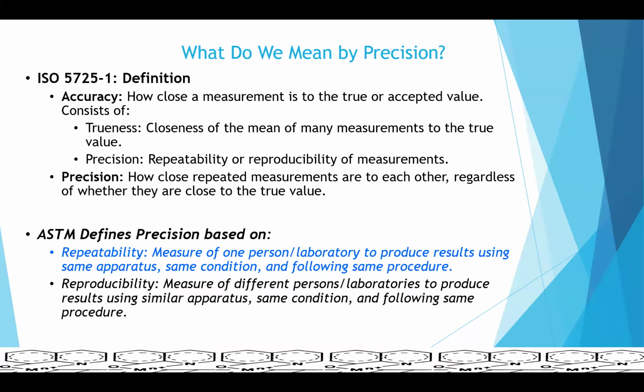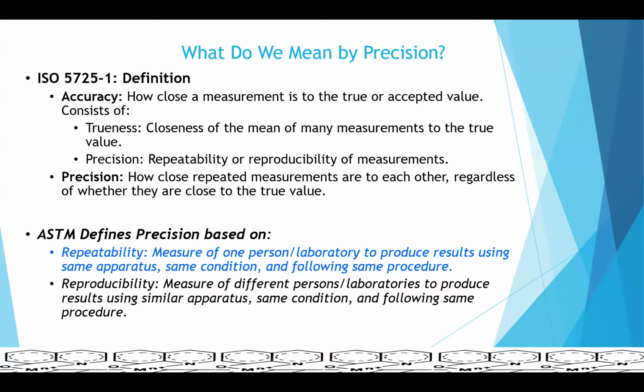ASTM, on the other hand, gives a little more direction. It defines what is repeatability and what is reproducibility. Repeatability is a measure of one person, one laboratory producing results using the same apparatus, same conditions, following the same procedure. So for one person doing the test, the variation he or she gets is a measure of repeatability.